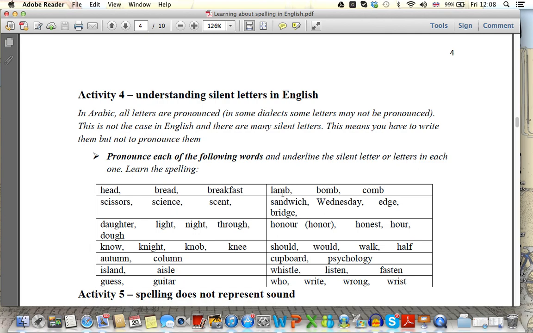If we look at the other side, we have lamb. We don't hear the B, but it's there in the spelling. So you can go through this list here and pronounce the words and notice. For example, if we look down here at the third row, we have know, which sounds just like no, and is sometimes spelt incorrectly.